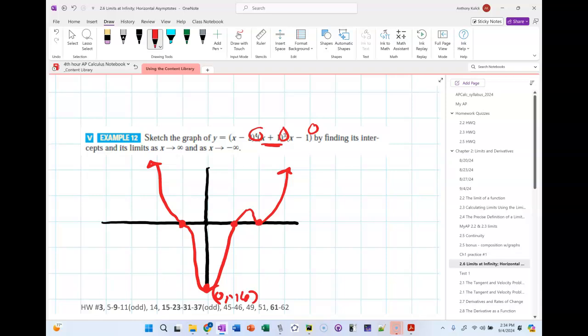A lot of that stuff we should remember, at least be like, oh yeah, that sounds familiar. Now you might have to go back and try some and think about it a little bit, but that's the idea. Okay.